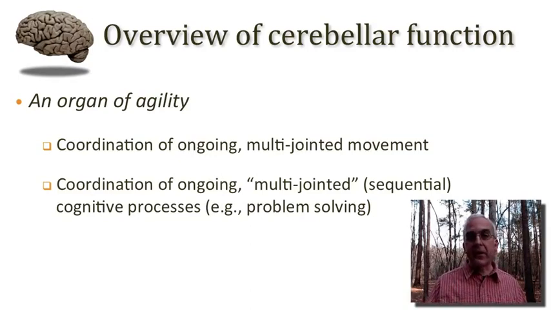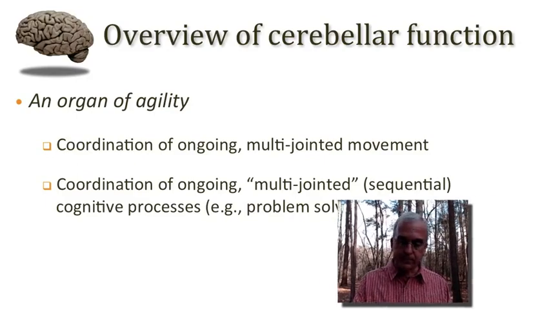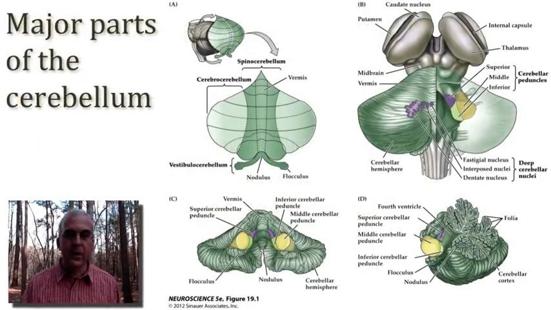Or if we want to think of the various components of problem solving as movement across multiple hinged joints, if you get the metaphor, then I think we can understand the cerebellum as being involved in the coordination of multi-jointed cognitive processes. That is, cognitive processes that articulate and that are sequenced in very much an analogous way as the movements across multiple joints of a limb. Okay, well, that's my introduction.